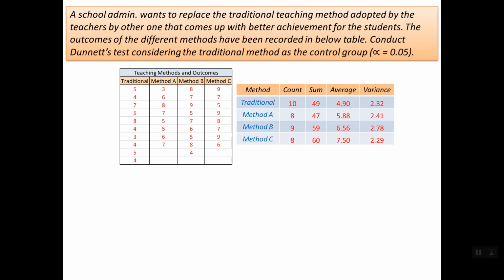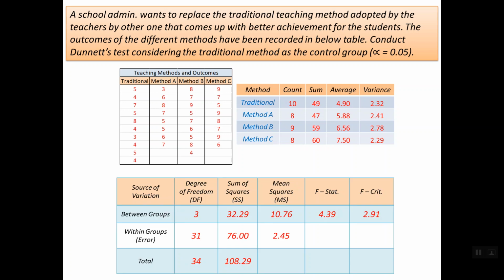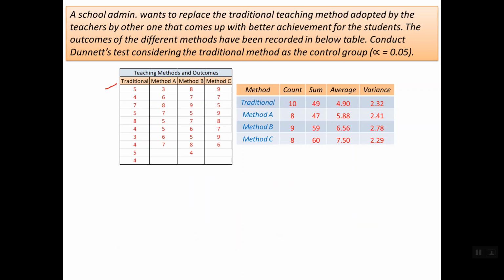Here we have the records for the teaching methods. Regarding the traditional one, we have the records for 10 replicates, or 10 observations. Regarding the second, new method of teaching, which is method A, we have 8 observations, and here are the records for this teaching method.